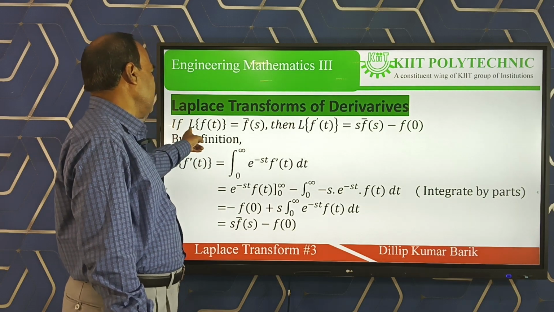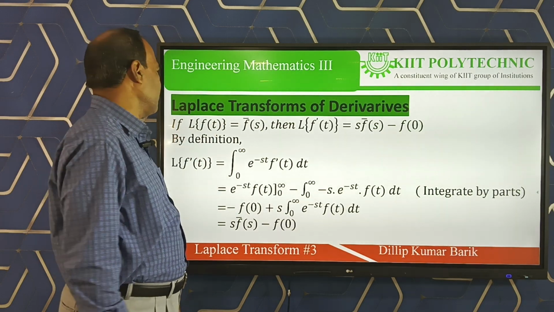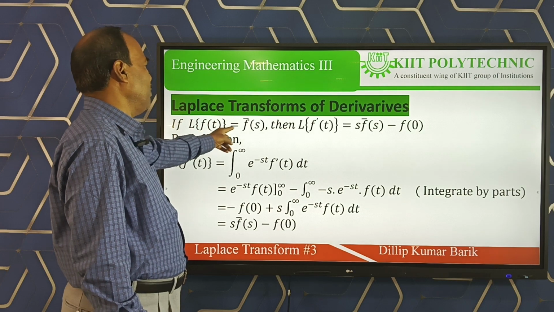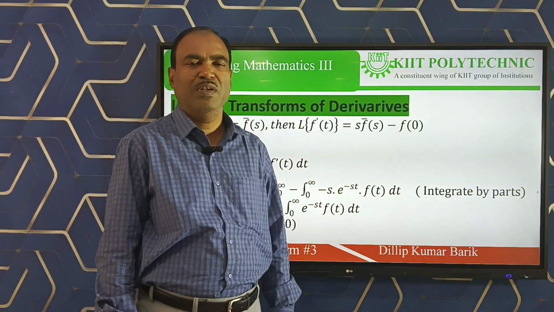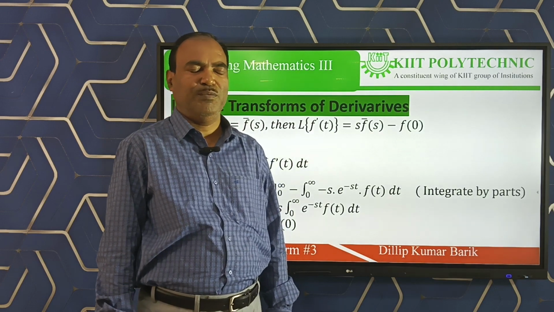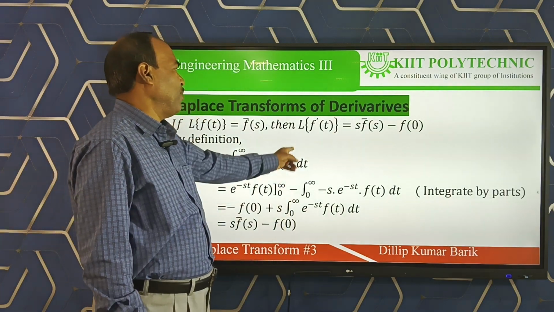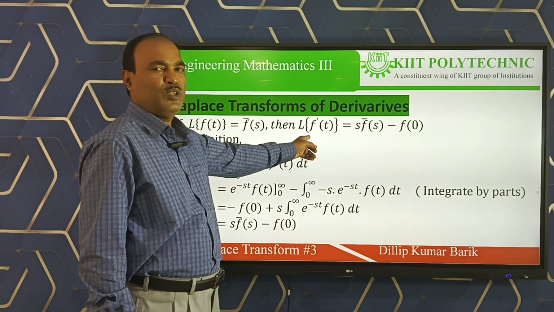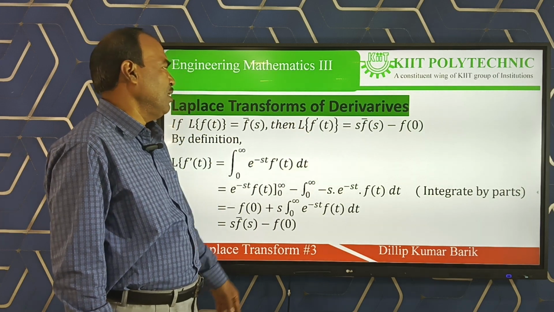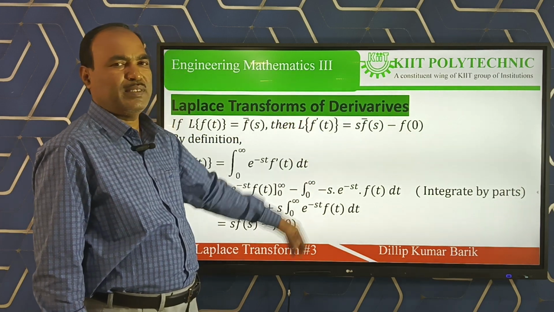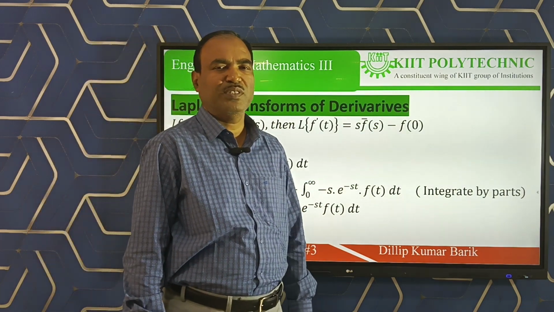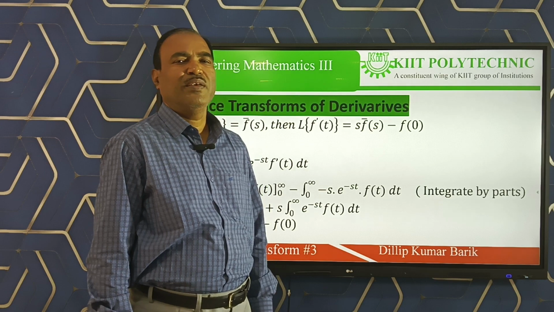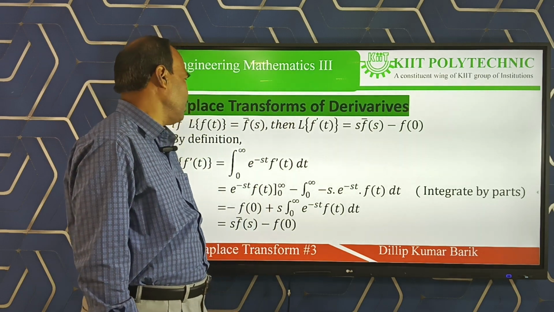So using our earlier discussion, if Laplace of f(t) is equal to F bar(s), meaning any function of the t variable, the answer is a function of the s variable. Then Laplace of f dash t, which denotes the derivative of f(t), is nothing but s into F bar(s) minus f(0). f(0) is the function value at the point when t is equal to 0.